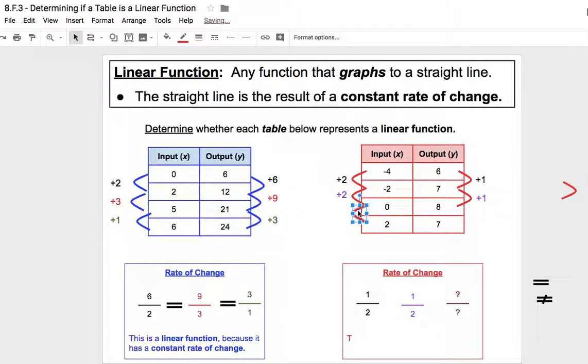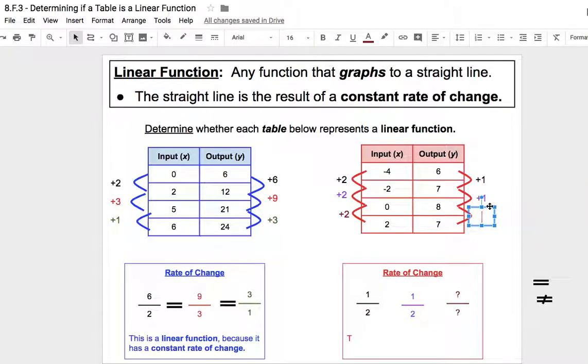And then we see again, x goes up by 2 units, and this time y goes down by 1. It goes from 8 to 7. That's decreasing by 1 unit. So from the third to the fourth row, the slope is y loses 1 as x gains 2.